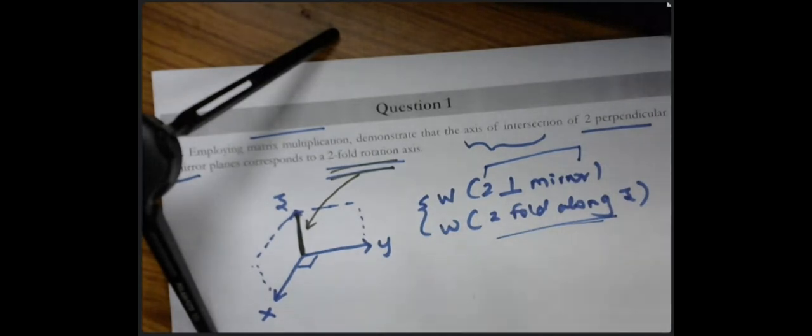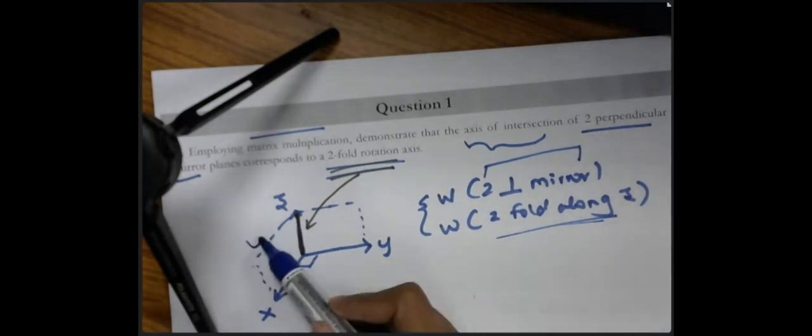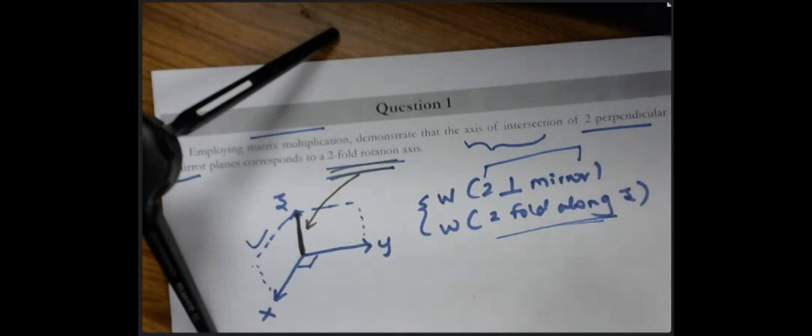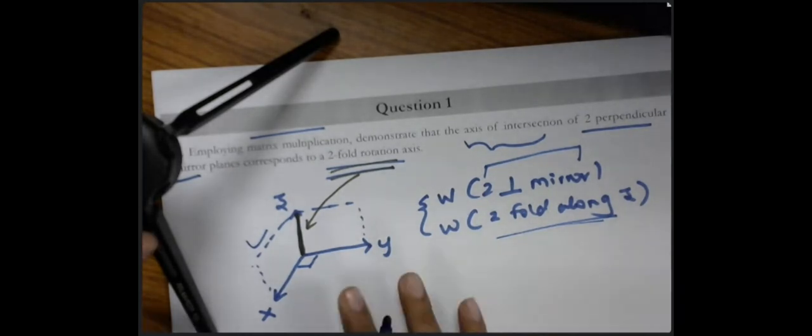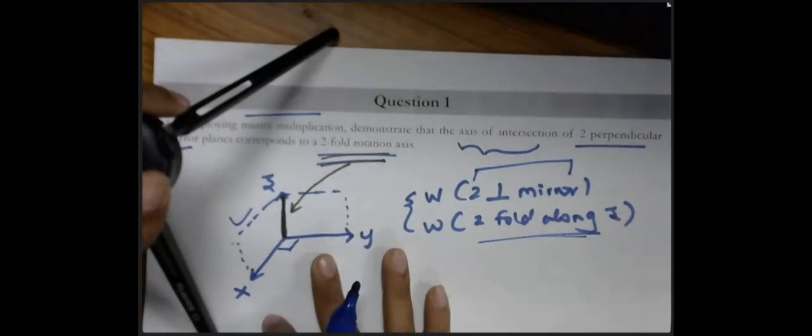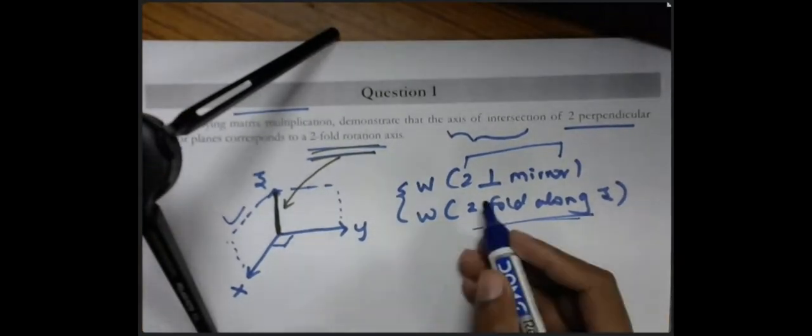So first, let us take the xz mirror. How is this mirror going to transform our x, y, and z? This is what we do in the symmetry transformation matrix.